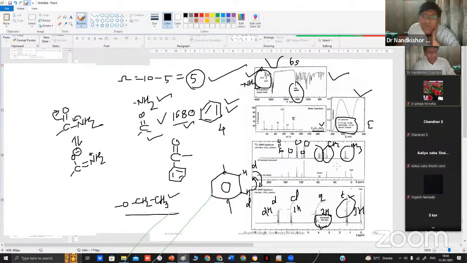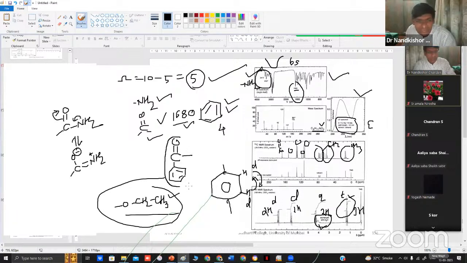So from this overall structural data, we come to know that there is a presence of ethoxy group. There is the aromatic ring with carbonyl group, and there is an NH2 group too.